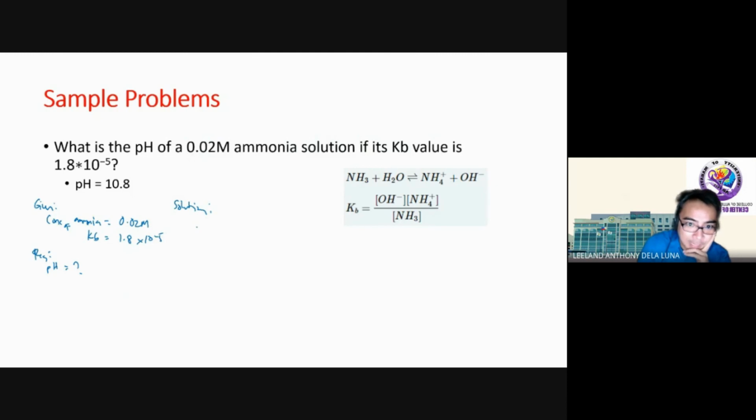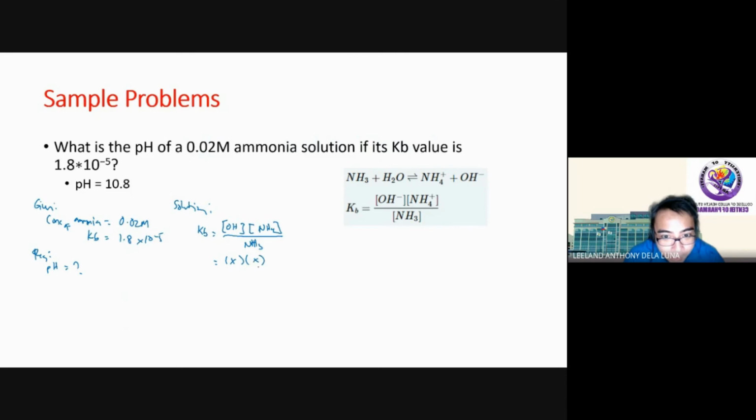So, first things first, class, compute for OH. Gagamitin natin, class, ang formula ni Kb, which is equivalent to OH times ang ating ammonium NH4, okay, your conjugate acid, over its base NH3. Now, sabi natin class, gagawin natin dito, X na lang yan.